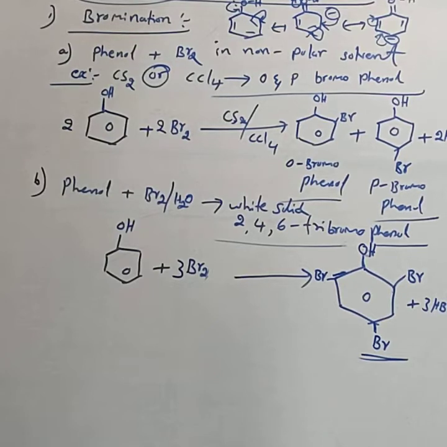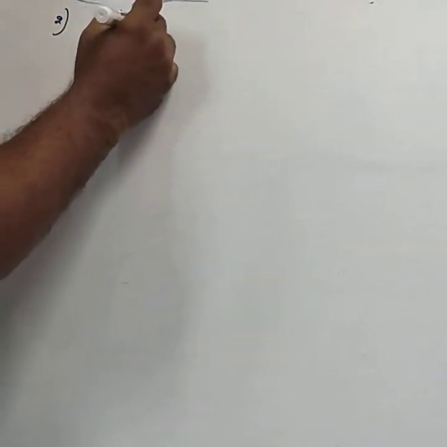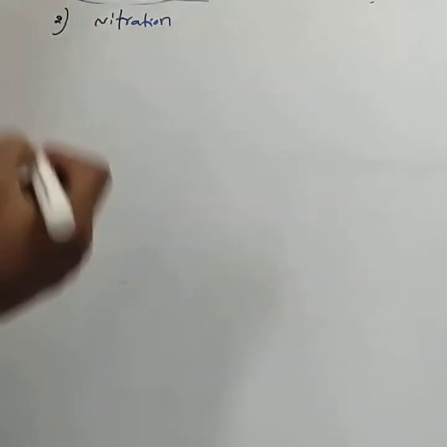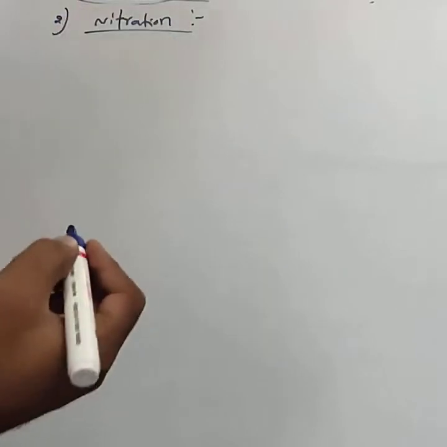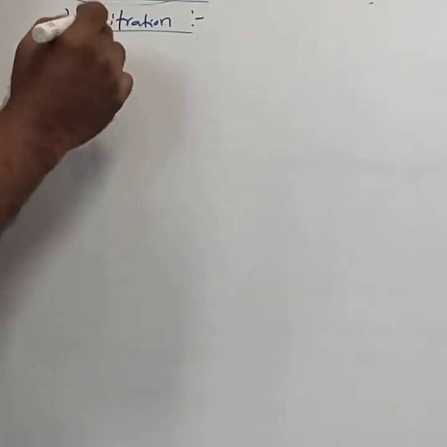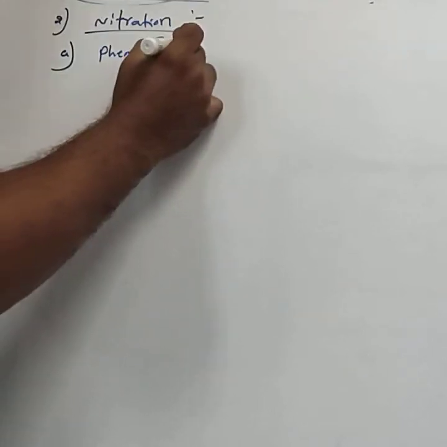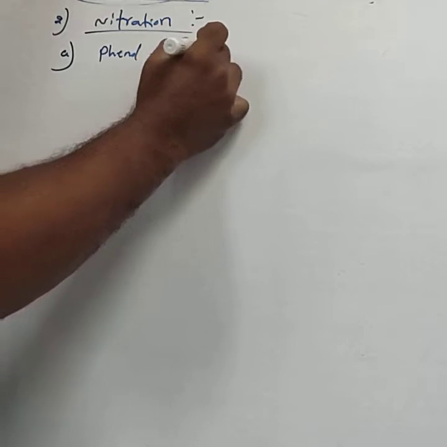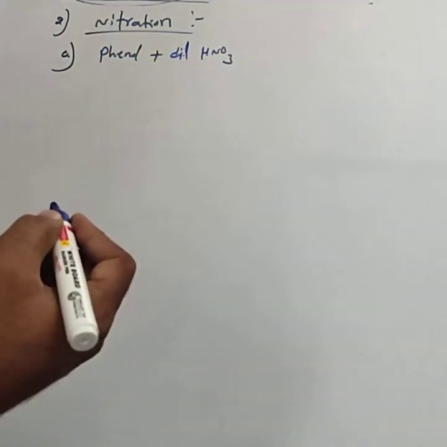Similarly, you can write the nitration. Again, nitration also has 2 cases: with dilute nitric acid and with concentrated nitric acid. First case, with dilute nitric acid. Phenol treated with dilute HNO3, this is nitration.